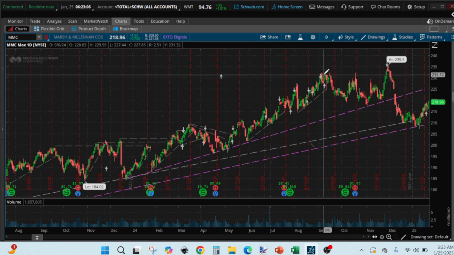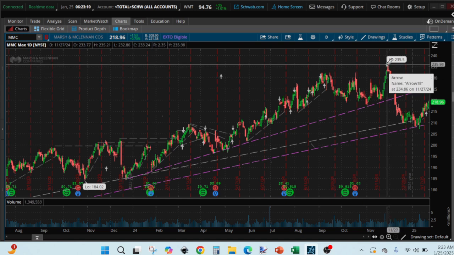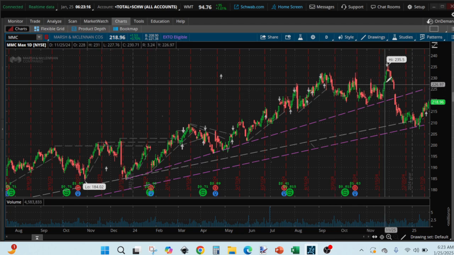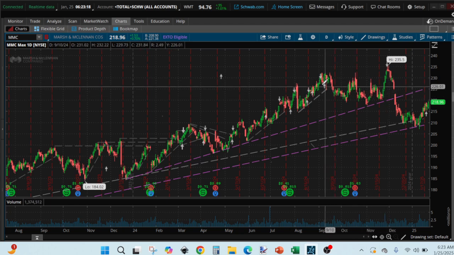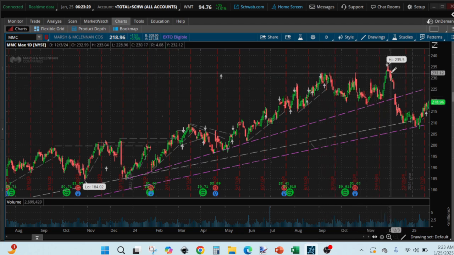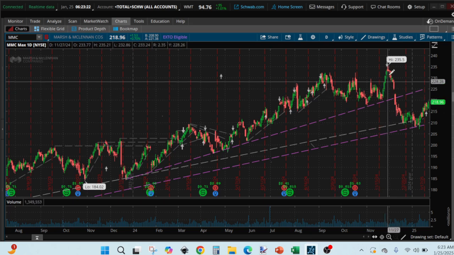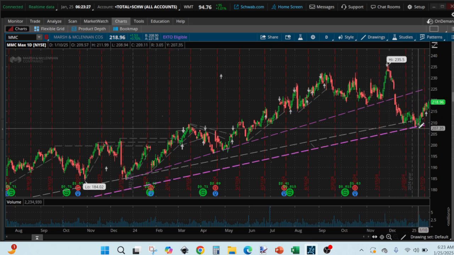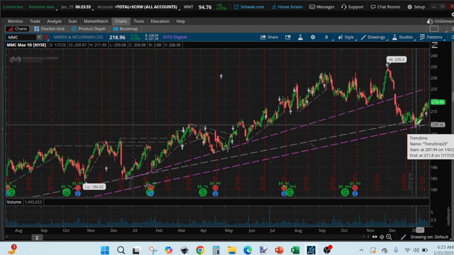When it reached this one in September, it reached this one in November. So it took about 2 months or so to do that. And when it reached this peak in November, it reached the valley in January, about 2 months to come down as well.